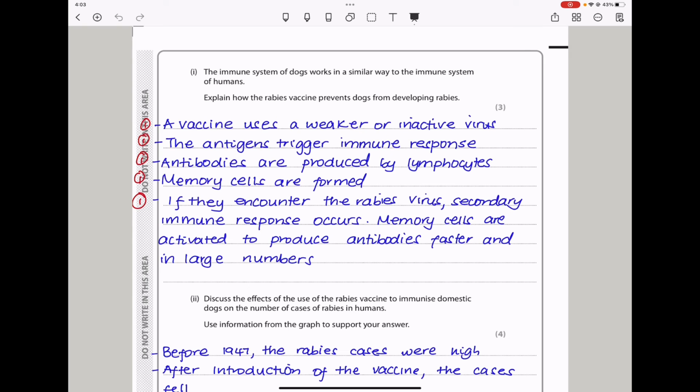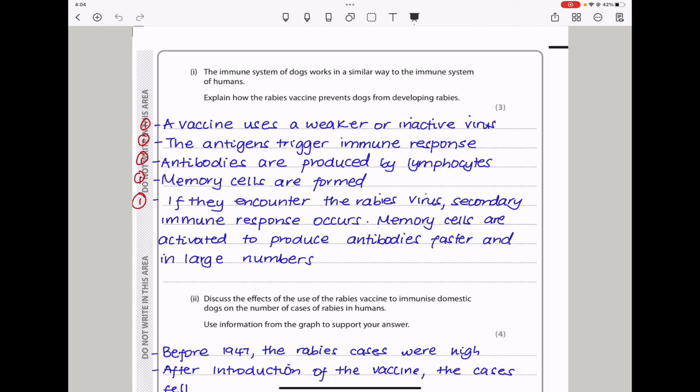So moving on. Here they say the immune system of dogs works in a similar way to the immune system of humans. Explain how the rabies vaccine prevents dogs from developing rabies. This is because the vaccine has specific antigens, and these antigens are going to trigger the immune system in order to produce memory cells as well as antibodies. So on encountering the real rabies virus, secondary immune response is going to occur, memory cells will be activated, and antibodies are going to be produced within a shorter period of time and in large numbers.